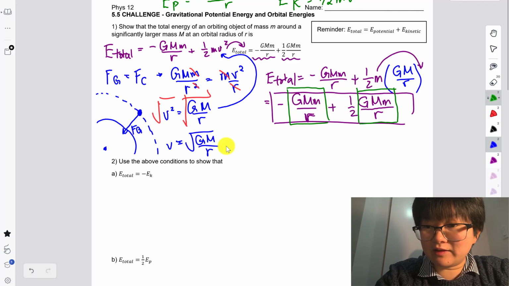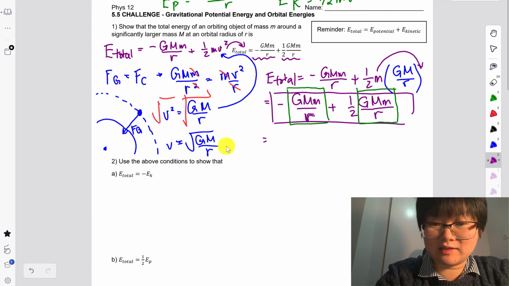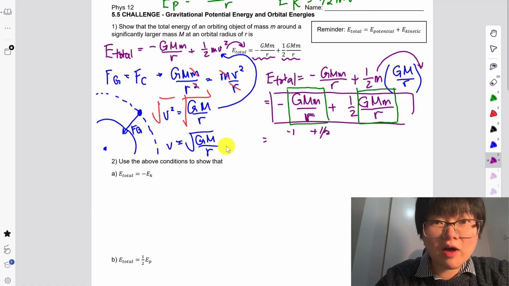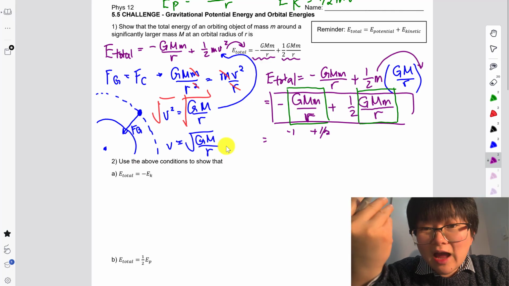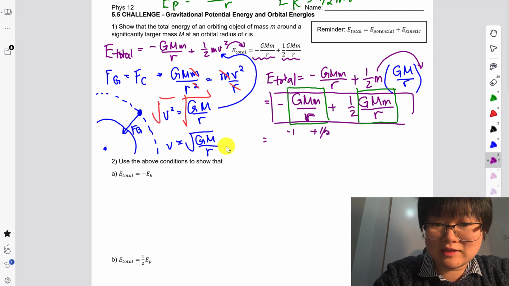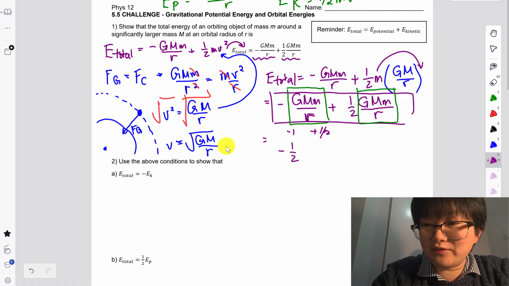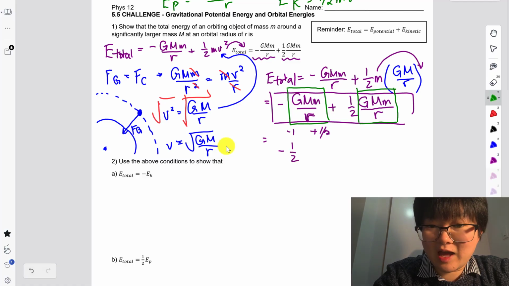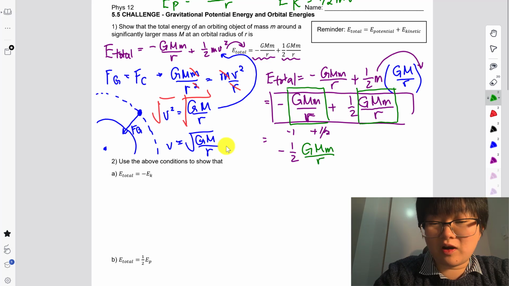I can even rewrite this as negative 1 plus 1/2, which is a negative 1/2. So I could simplify this even more and say this is 1/2, and in that green box, big G, big M, small m over r.